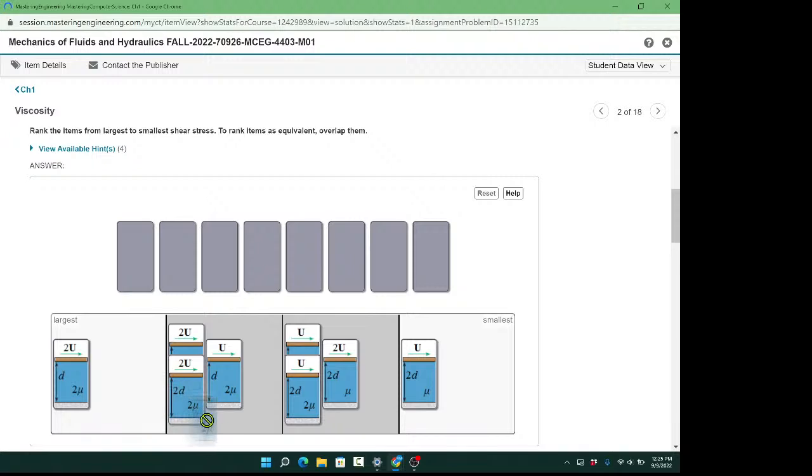Can I move this one out of the way? Wait a minute. Nothing's happening. Can I not put them in that thing? Are you viewing it from the teacher's perspective? Maybe I'm supposed to drag this. Which one am I supposed to drag?